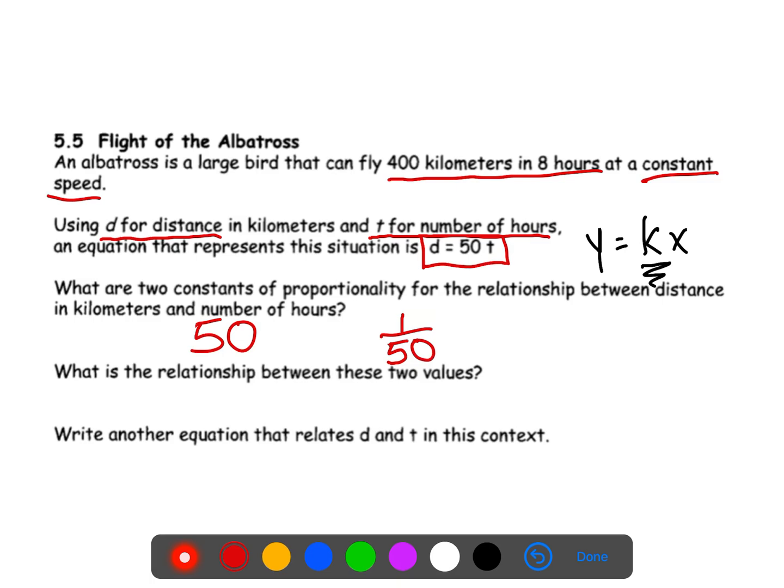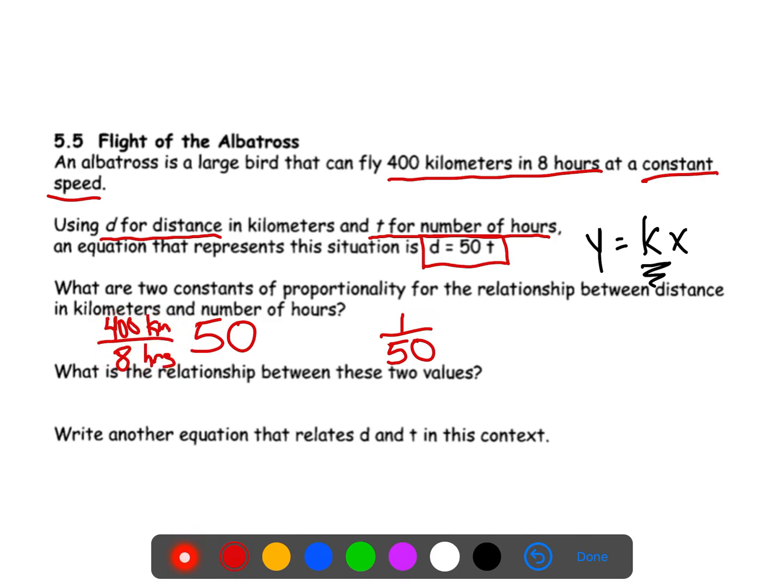But now let's check. In order to get 50, the constant of proportionality here, using the ratio that we're given, 400 kilometers in 8 hours, if I write that ratio out and simplify it, if I wanted to find a unit rate for this, I would divide 400 by 8.